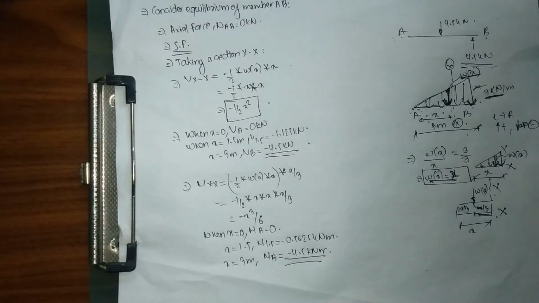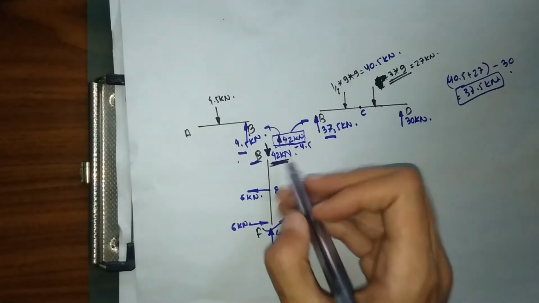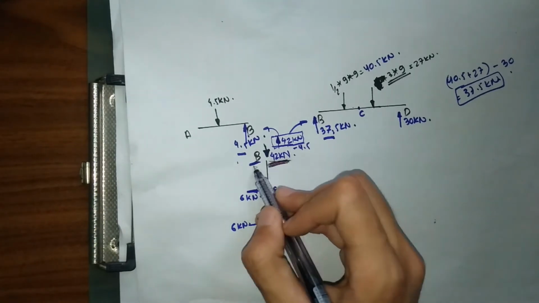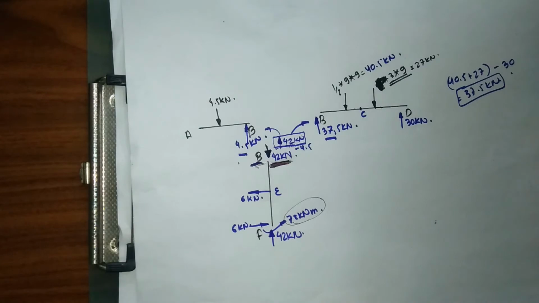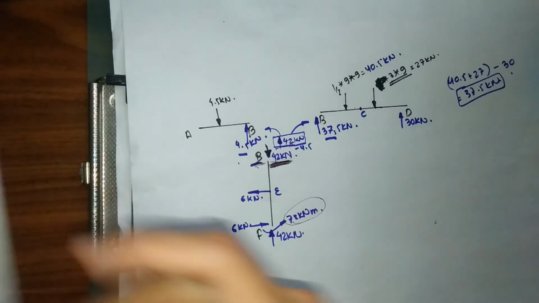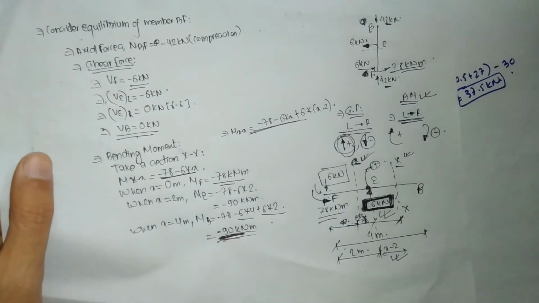So now let me move on to this figure. As I explained before, this force of 42 kilonewton at joint B got divided. Before that, I did not add this, but I got a bending moment of minus 90. So let me put it this way.